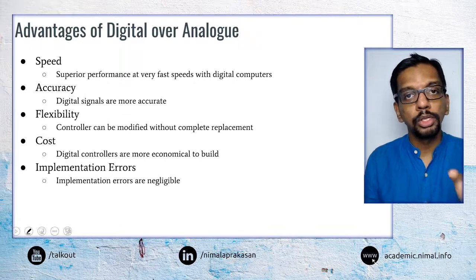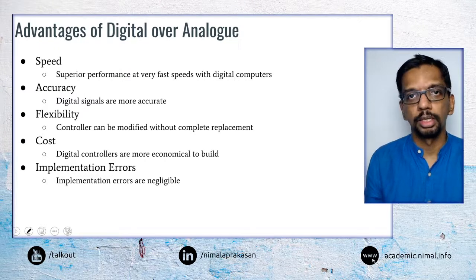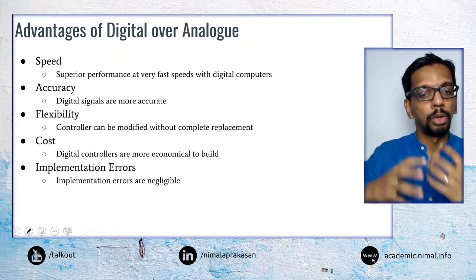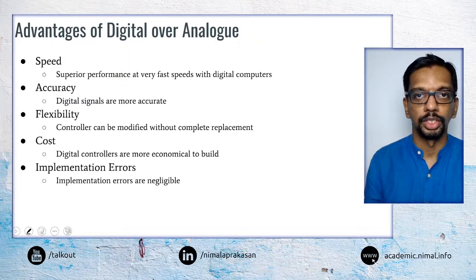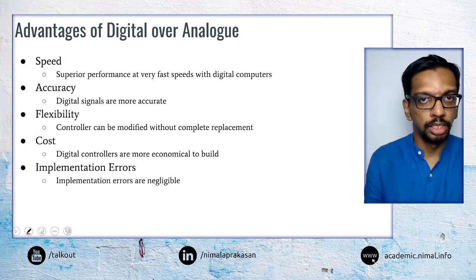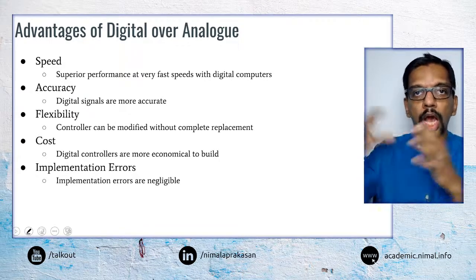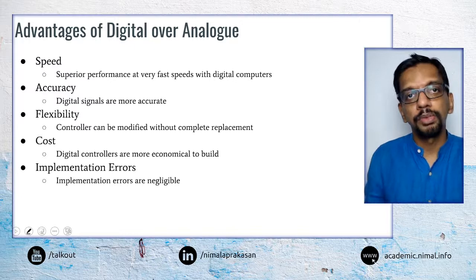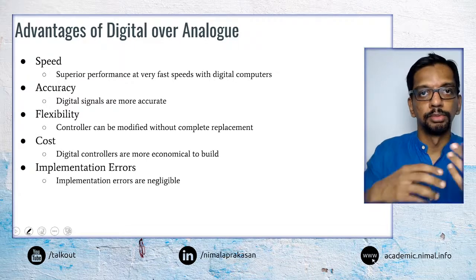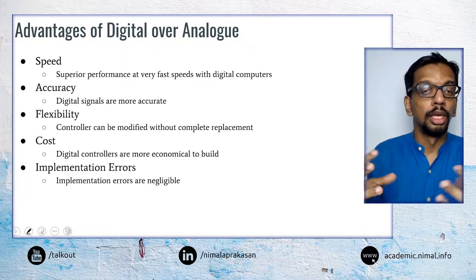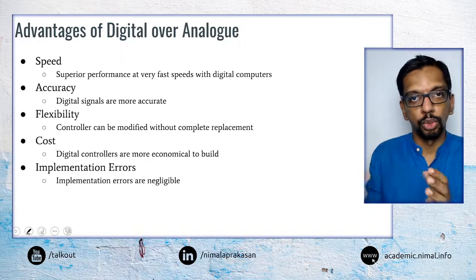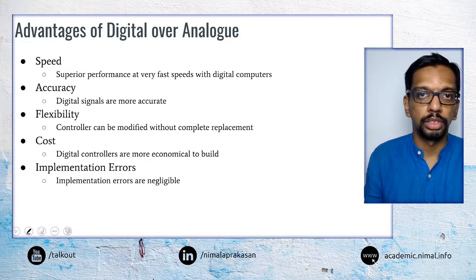Then cost is also an important factor, particularly when we think about large scale implementations. So if we are only making a single unit, that is one thing. But if we are replicating across a large number of units, sometimes if we can make them as digital systems, replication and the amount of components needed and so on will have a lot of cost advantages.